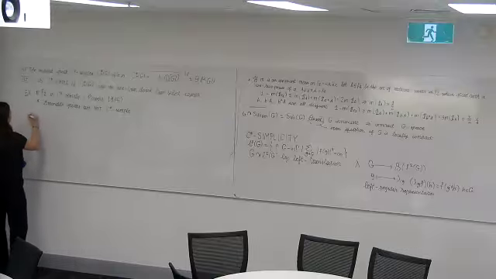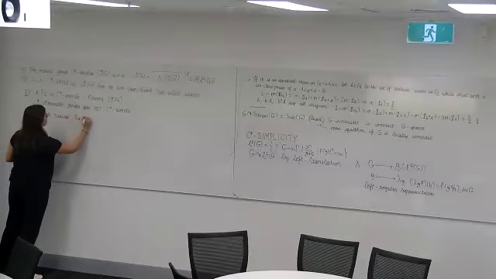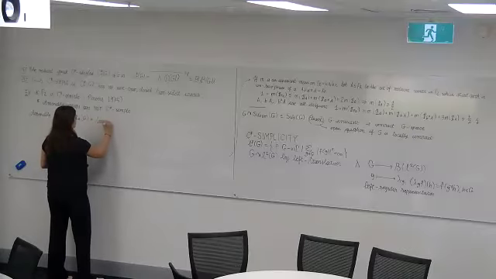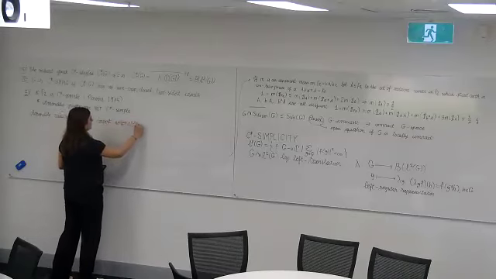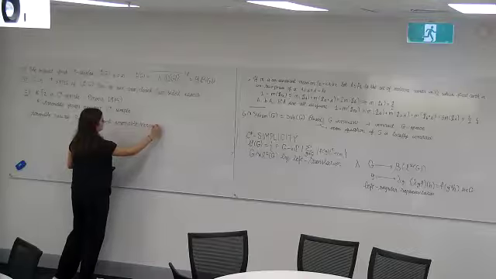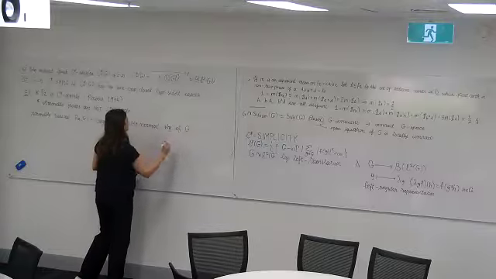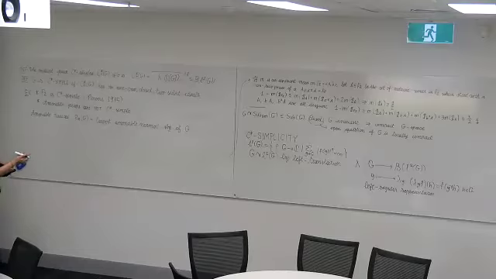So the first thing one can do is to define the amenable radical of a group G, denoted RA of G. And this is the largest amenable normal subgroup of G. And one can prove that this always exists by using Zorn's lemma and the stability properties of amenability.